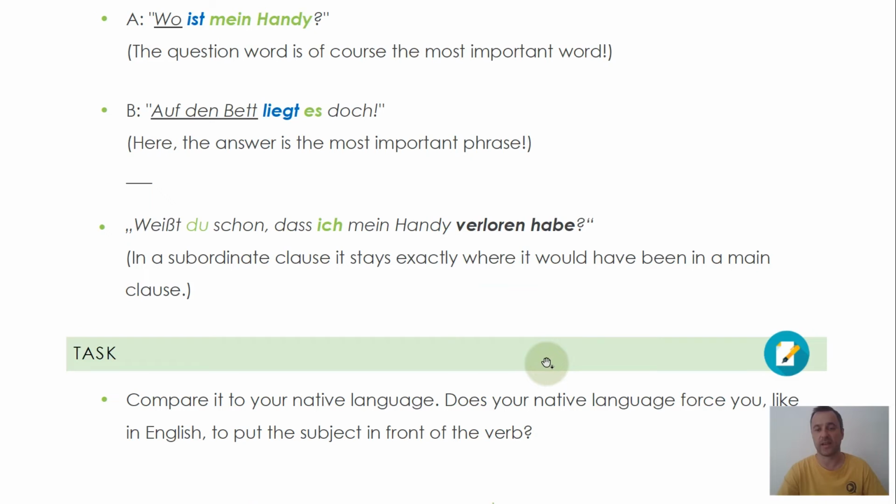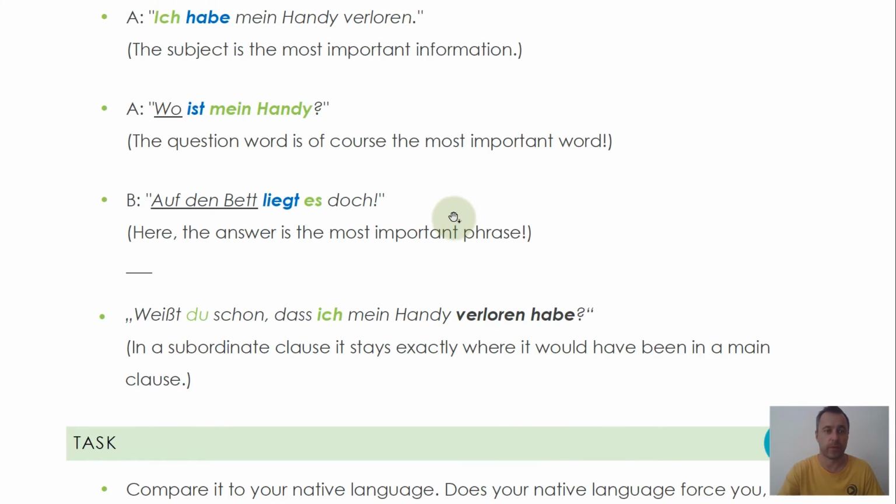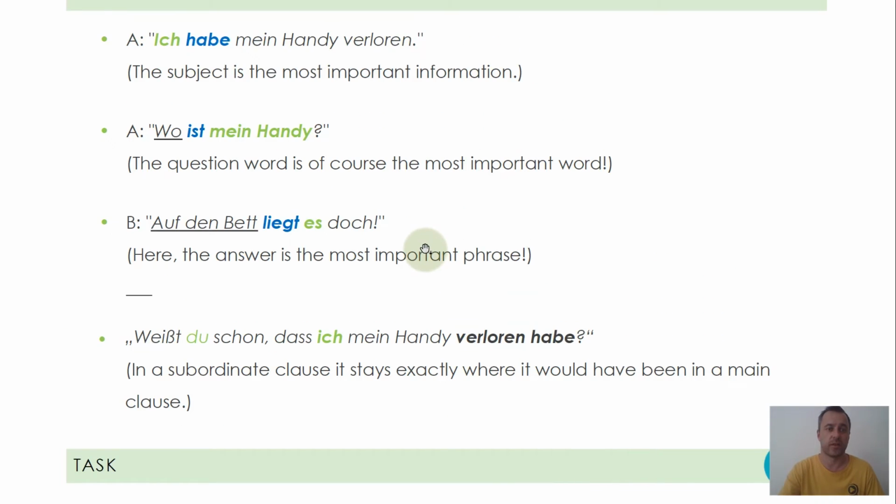And as a small task for you at the end of this lesson, if English isn't your native language, check it out. How does your native language do it? Maybe it's similar, maybe it's not. Also, if you're not quite sure how English does it, this was obviously just a very brief comparison. You can check it out there too.